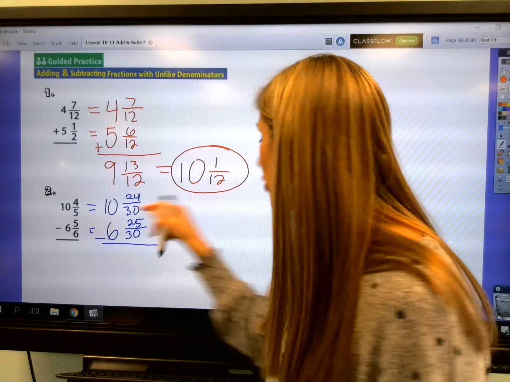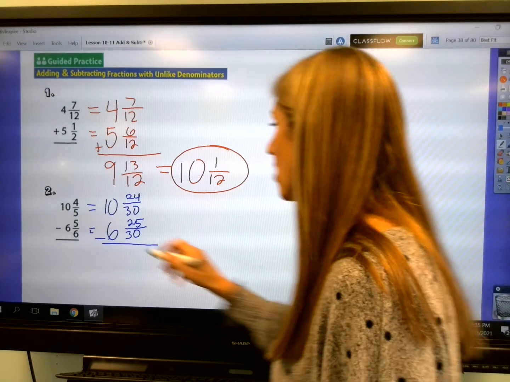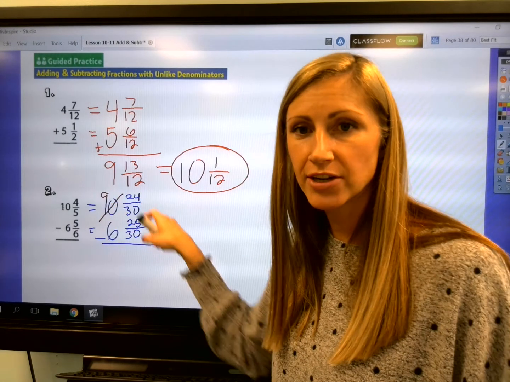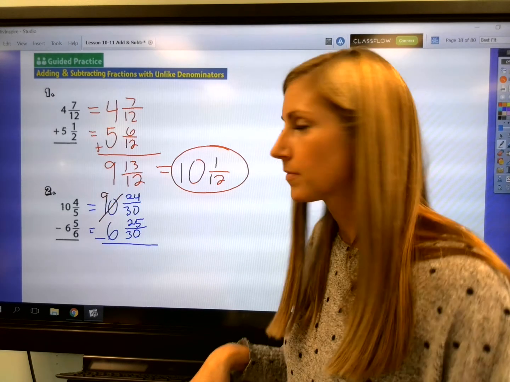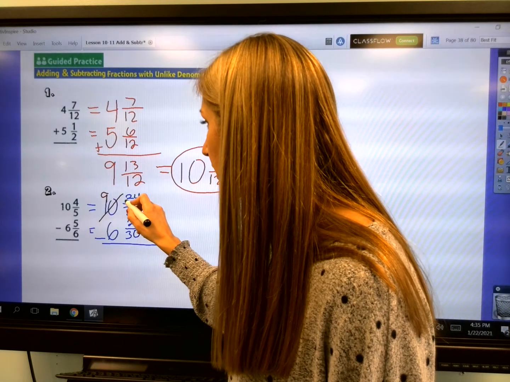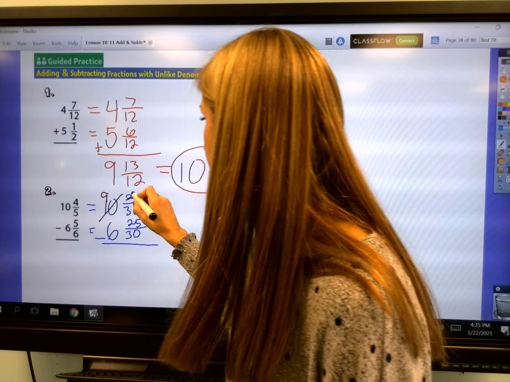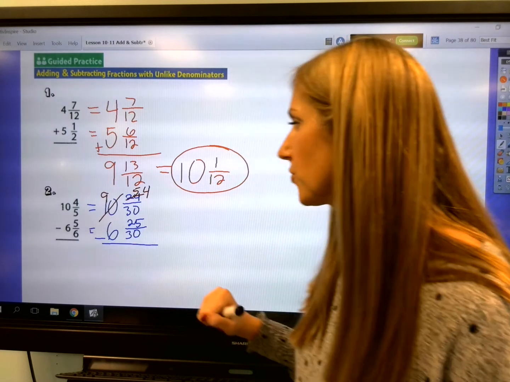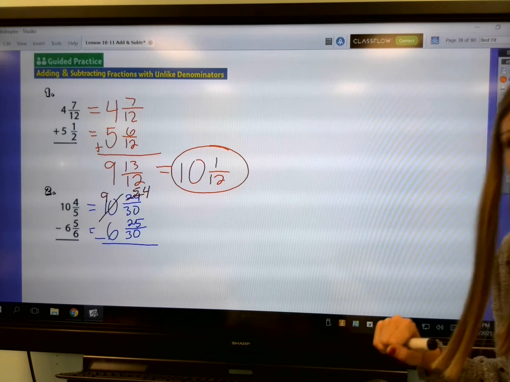All right. When you borrow from that whole, and this becomes a 9, how much are you going to add to the 24? What makes a whole here is a 30. So if I add 30 to this, it's going to become a 54. So 54, and then we are going to take away that 25.